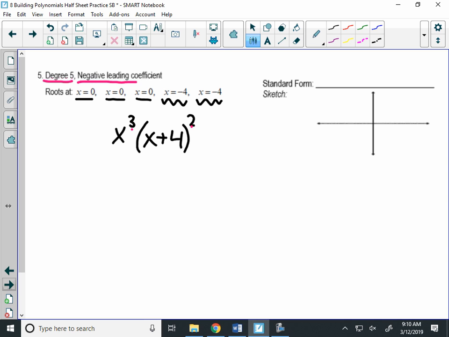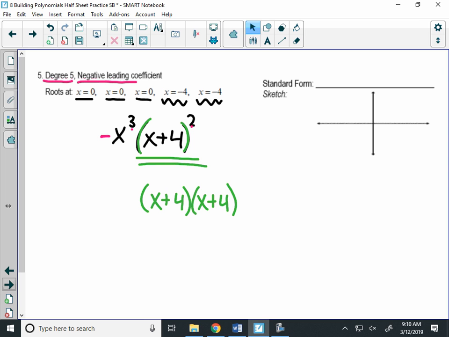A negative leading coefficient means that I want to stick a negative in front of that x cubed. That's your factored form. Now we have to come up with standard form. Before you can distribute the negative x cubed, you can't do that yet. You have to deal with the x plus 4 squared. So you need to rewrite this as x plus 4 times x plus 4 and multiply that out first.